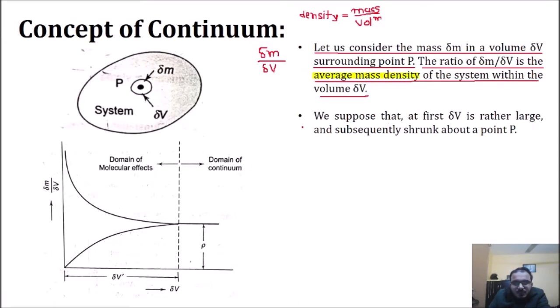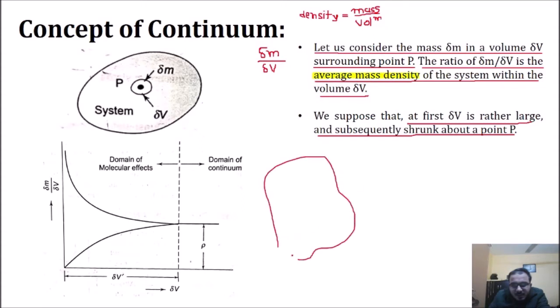So we suppose here that at first del V is rather large, and subsequently it is shrunk about a point P. So what we are trying to say is that let's say we have a bigger volume like this, and let's say this is del V. Now what we are going to do is reduce this volume one by one.